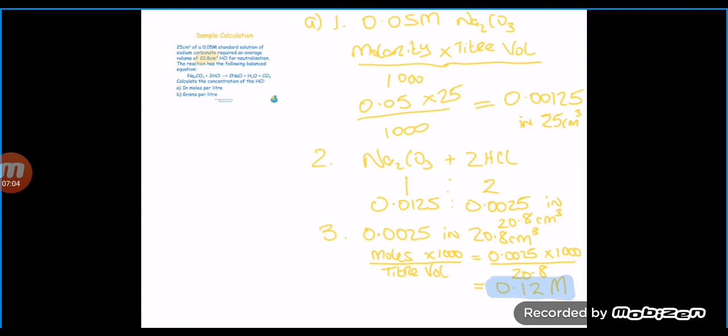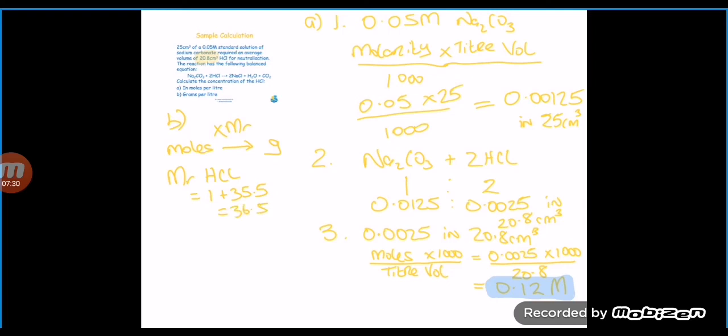Now part B wants me to find it in grams per litre, and I know that to go from moles to grams, I multiply by the molecular mass. Here we've got the moles of the hydrochloric acid, so we're looking for the molecular mass of hydrochloric acid, and that is 1 plus 35.5, so that's 36.5.